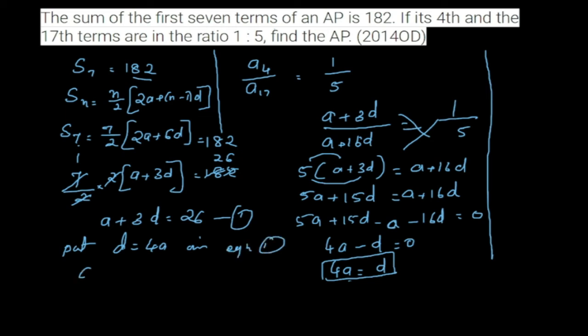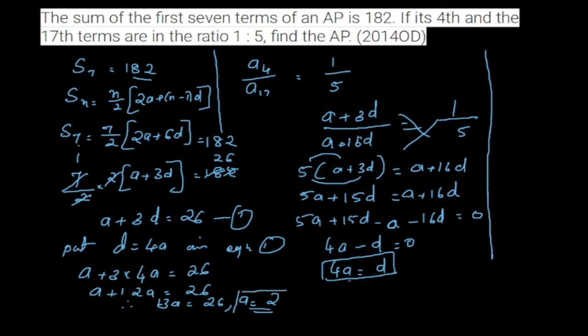So a plus 3 into d, d is 4a, is equal to 26. a plus 12a is equal to 26. Therefore 13a is equal to 26. a is equal to 26 by 13, which is 2. So we got the value of a, that is a is equal to 2.